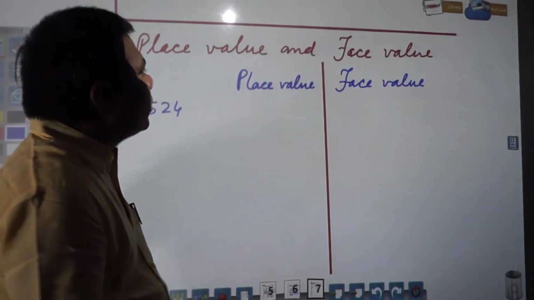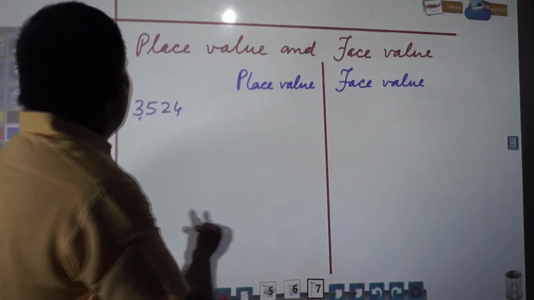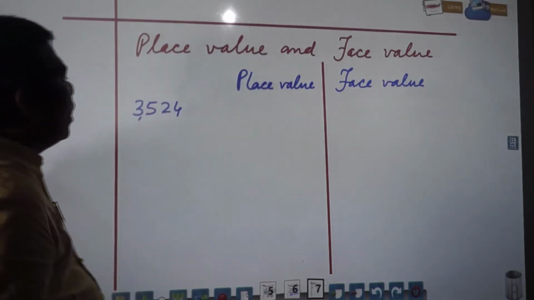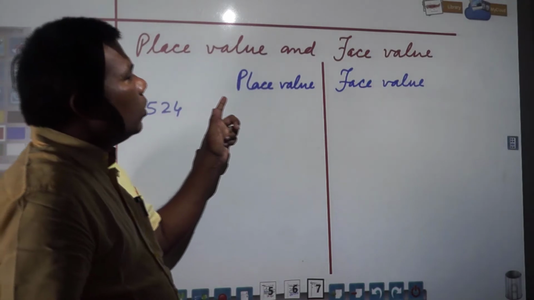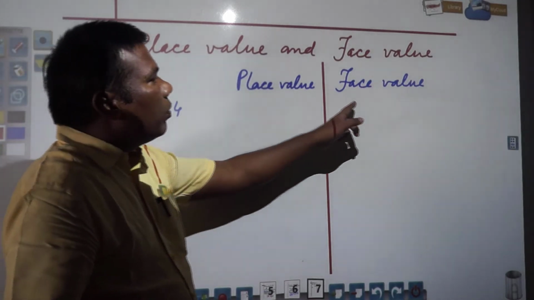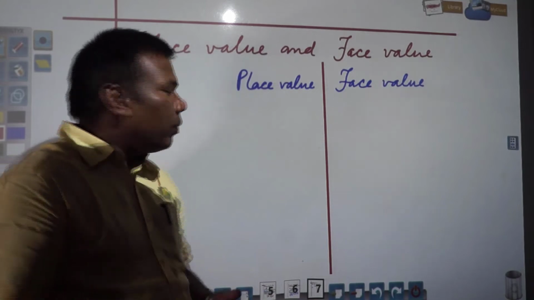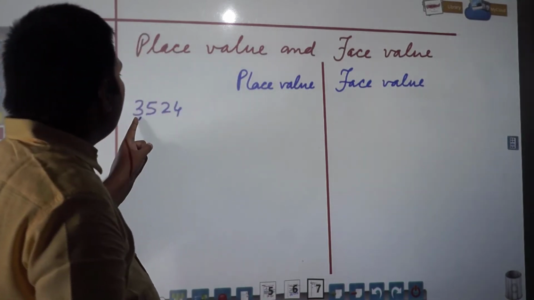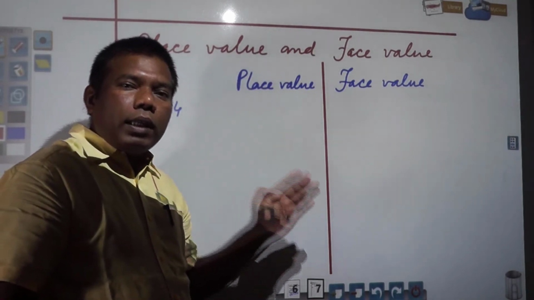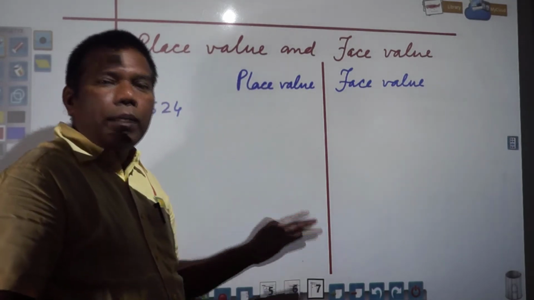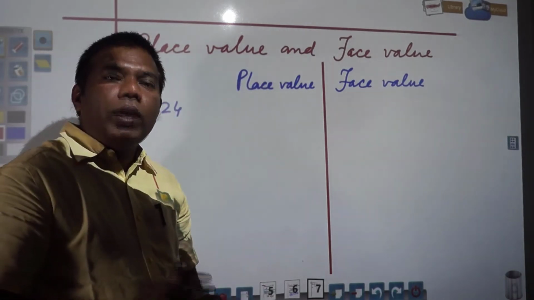Next you see place value and face value. You have already done this before, but see how it is done. Face value does not change. If you are writing 3, 5, 2, 4 in any place, ones, tens, hundreds, thousands, the face value of that number will not change.